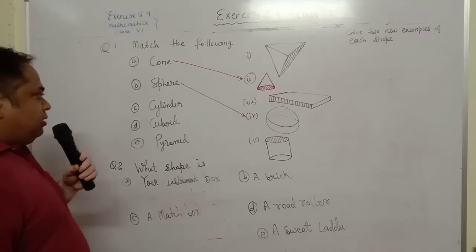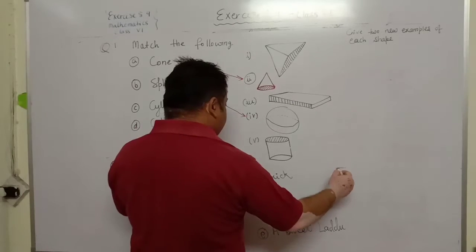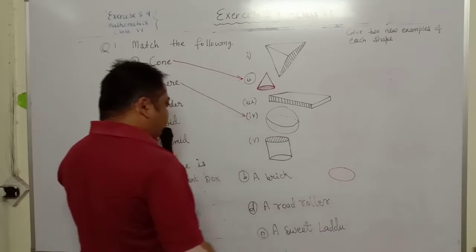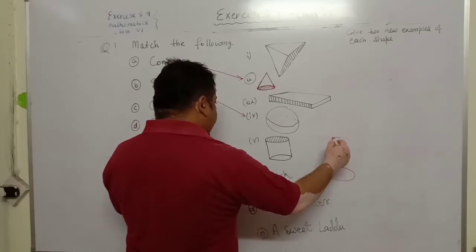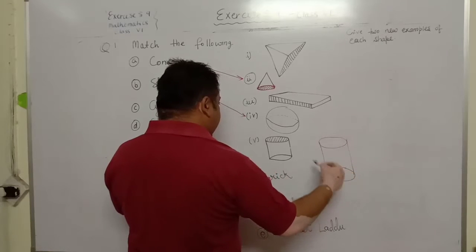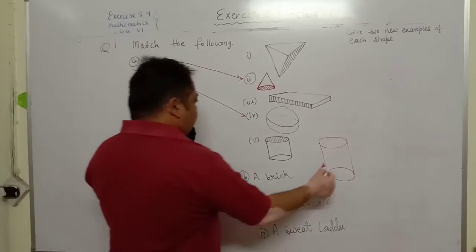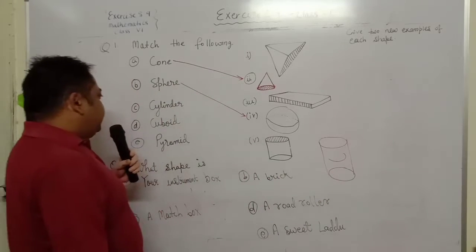Cylinder, in case of a cylinder, there will be a circular plate at the bottom, a circular plate at the top, and then it will be having a curved surface. This is called a cylinder.